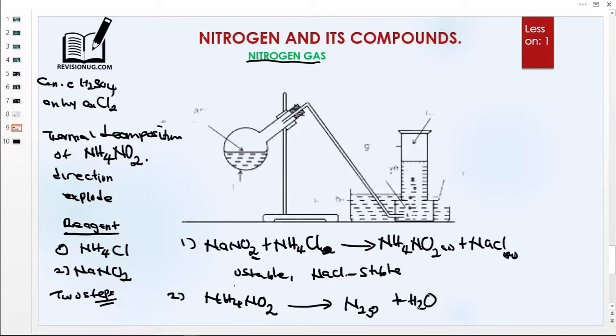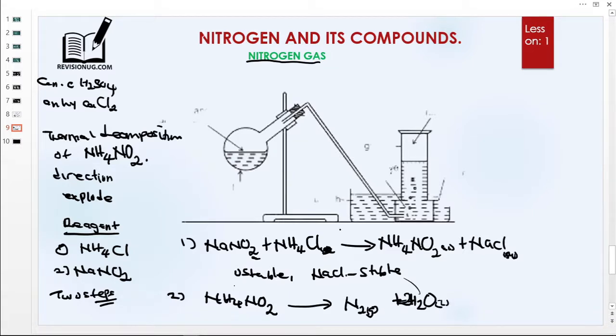To balance the equation, we put here a 2. We have 2 nitrogens, then 4 hydrogens, then we put here a 2 to balance our water. This is a liquid and this is a gas.